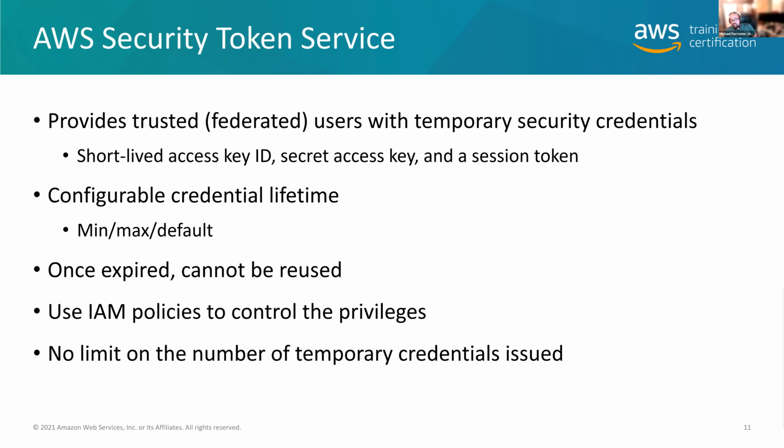You get to use policies attached to roles to control what tokens can be requested by whom and how. There's no limit, by the way, on the number of temporary credentials that can be exposed. I think you're limited to a couple hours on the token that you're allowed to retrieve.